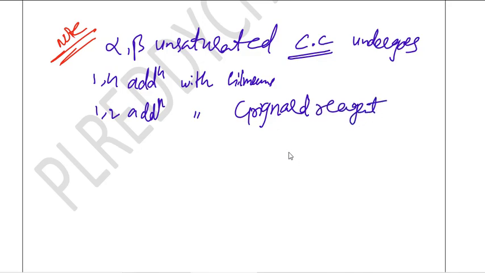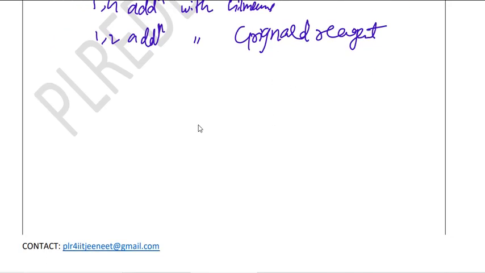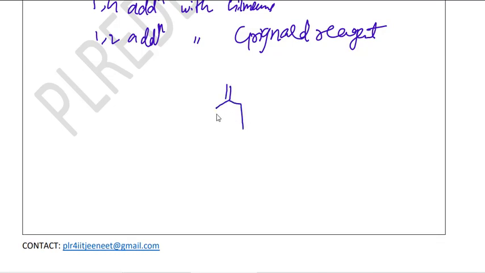Okay, I will take one example here. This is the alpha beta unsaturated ketone. Now I am taking here Grignard.